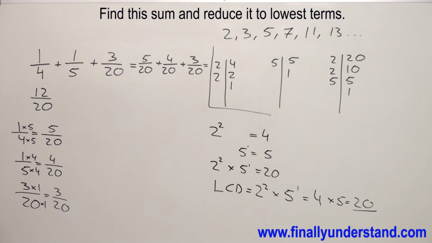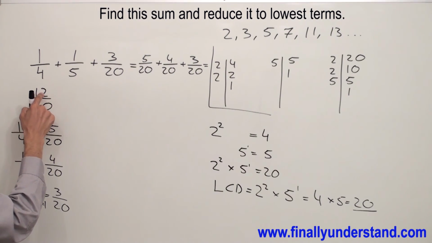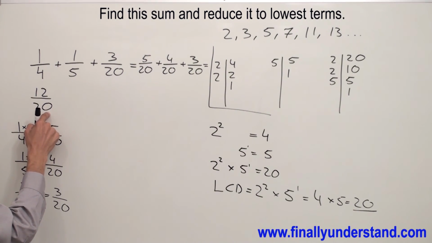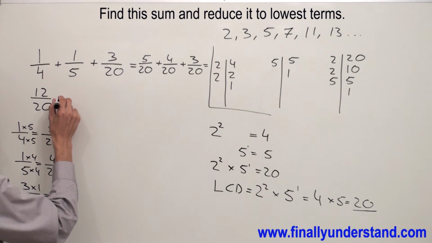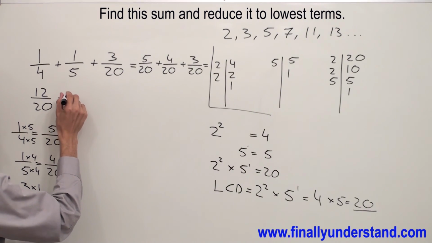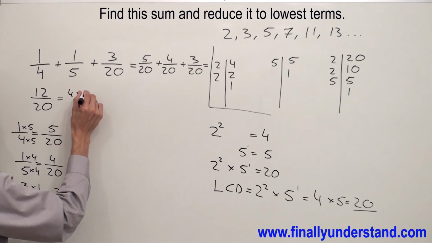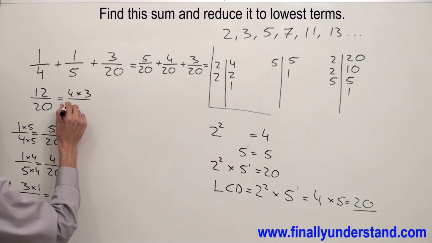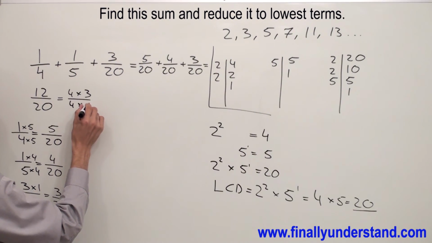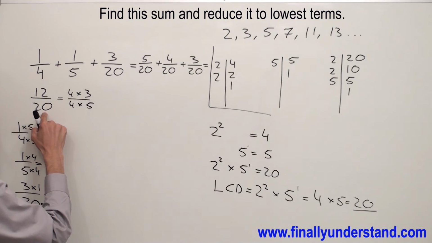Now, you're supposed to realize that 12 and 20 are divisible by 4. In other words, I can say this is 4 times 3, 4 times 3 is 12. And I have 4 times 5 is 20.